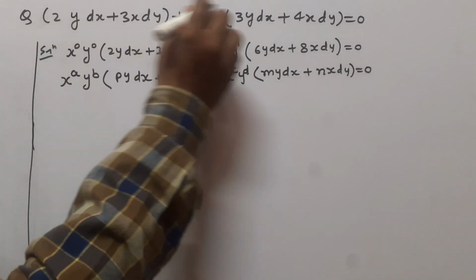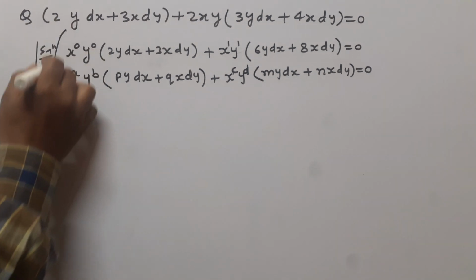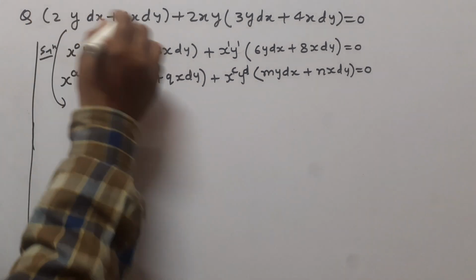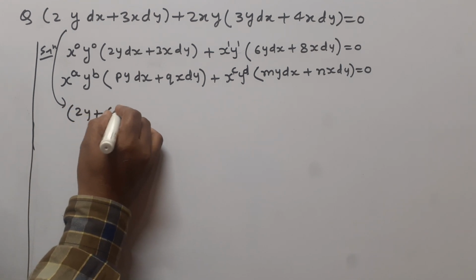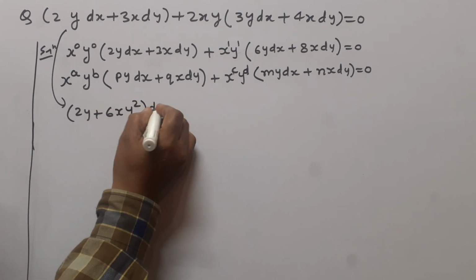So first we check: the given differential equation can be written as (2y + 6xy^2) dx.